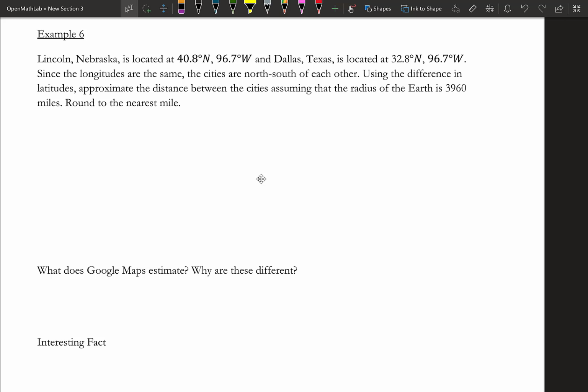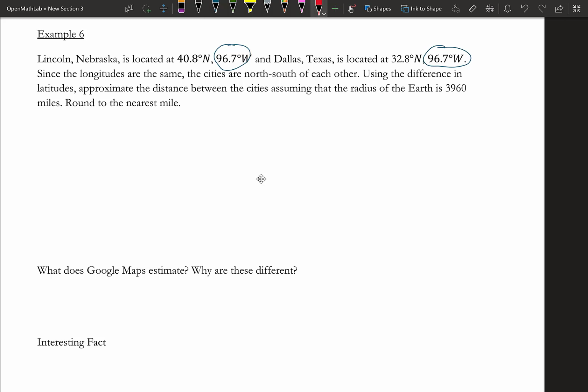You'll notice their longitudes are the same, both 96.7 degrees, so the cities are north to south of each other. Using the difference in latitudes, we want to approximate the distance between the cities, assuming that the radius of the Earth is 3,960 miles.